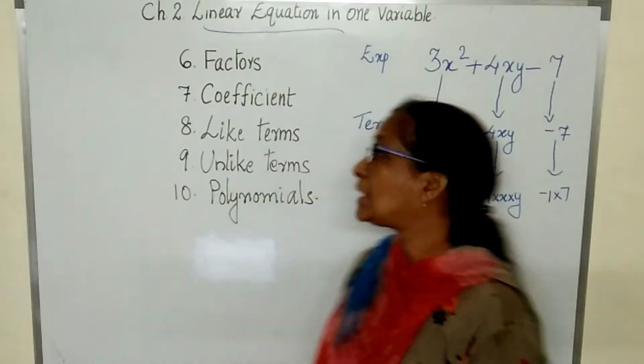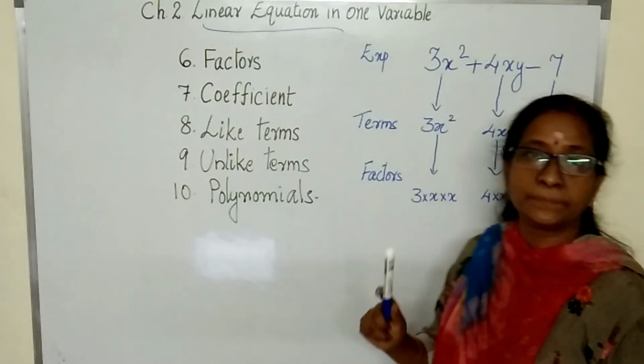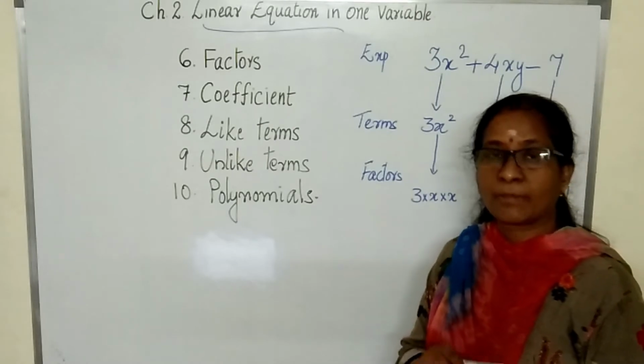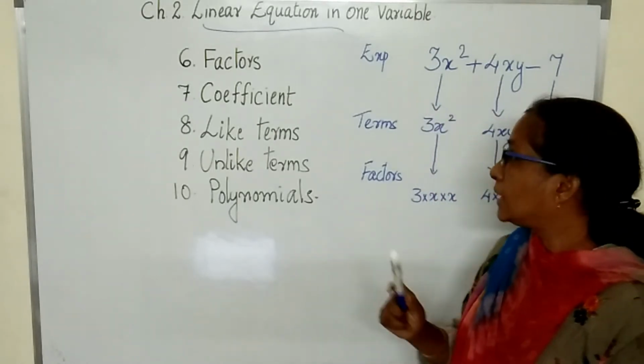The next concept is factors. What are factors? When you take a term, it will have some numericals and some variables. So they are called the factors of the term.